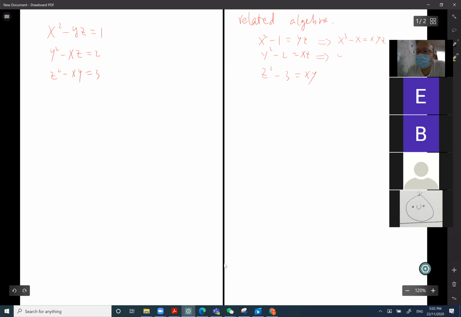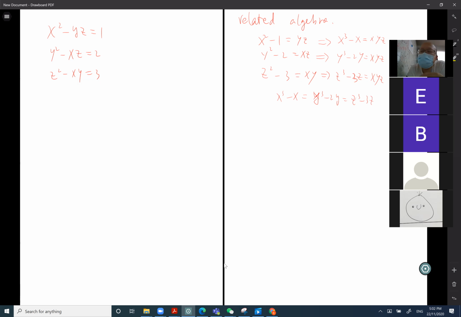You got y cubed minus 2y also xyz. Both sides times by x for the first one, times by y for the second one, times z for the third one. So they have x cubed minus x equals y cubed minus 2y equals z cubed minus 3z.